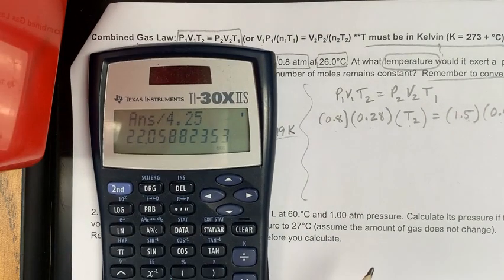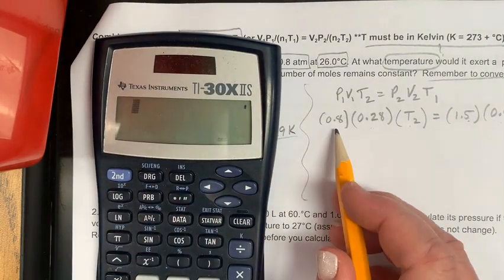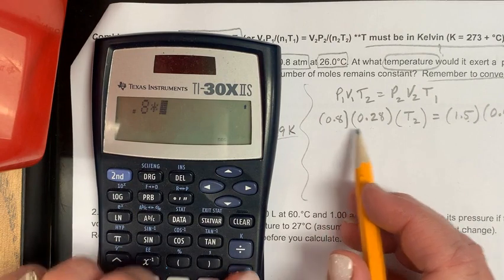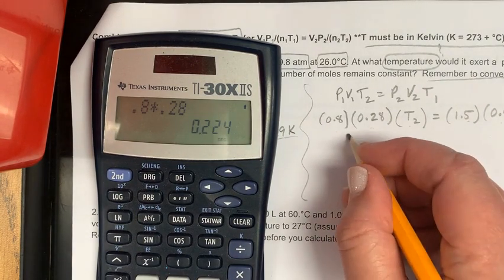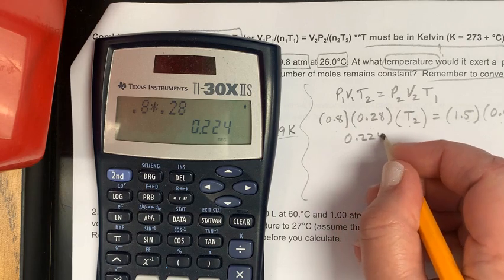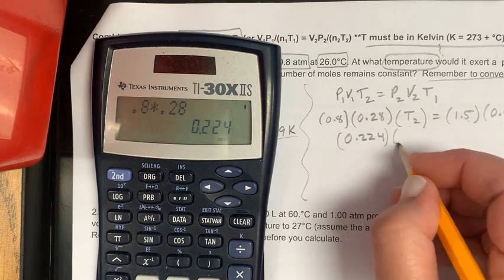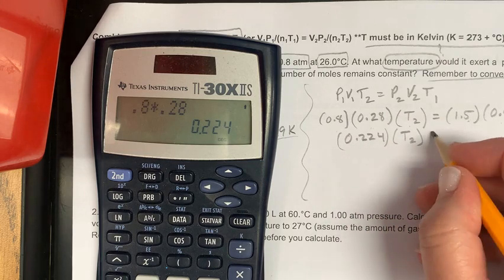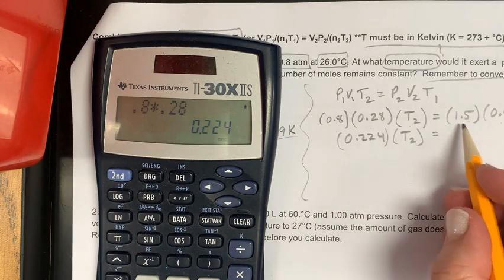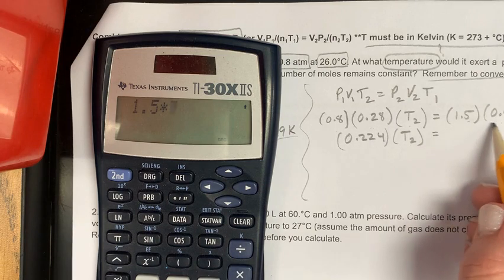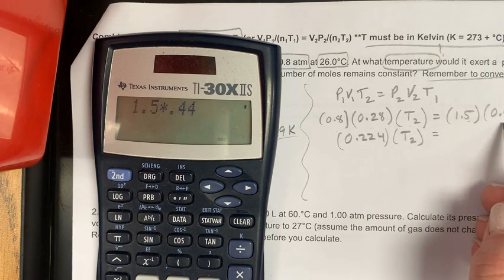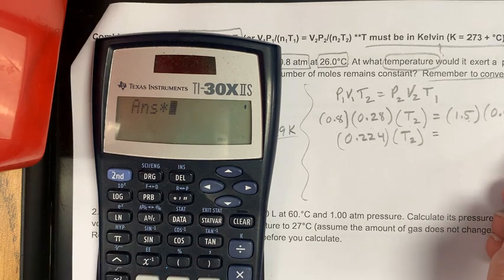Now we calculate. 0.8 times 0.28 is 0.224 times T2. We'll have to divide at some point, but let's multiply these first. Multiply 1.5 times 0.44, and then times 299.